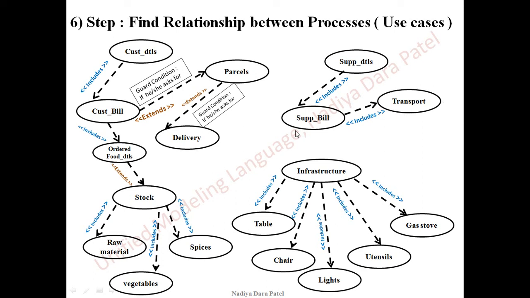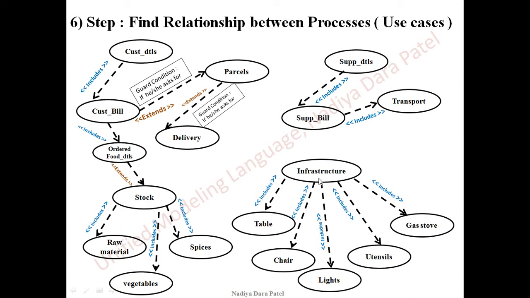So here you found which are your main use cases, the parent use cases, and which are the dependent use cases. Similarly, stock is our parent use case, and raw material, vegetables and spices are our dependent use cases. We don't need to write them, everything is included in the stock.